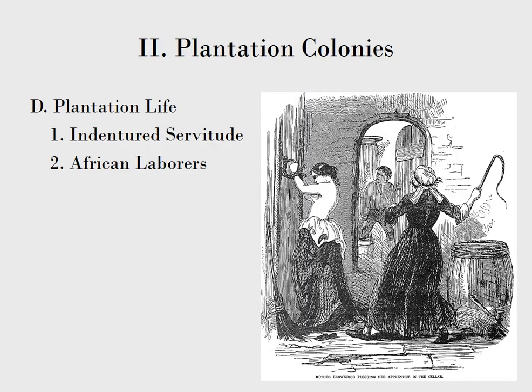Okay, so on plantations, you actually have both indentured servants and African laborers. And we have been working on an assignment lately, working on the difference between those two. But just to give you a quick explanation, by 1700, more than 100,000 English migrants had come to the Chesapeake as indentured servants.